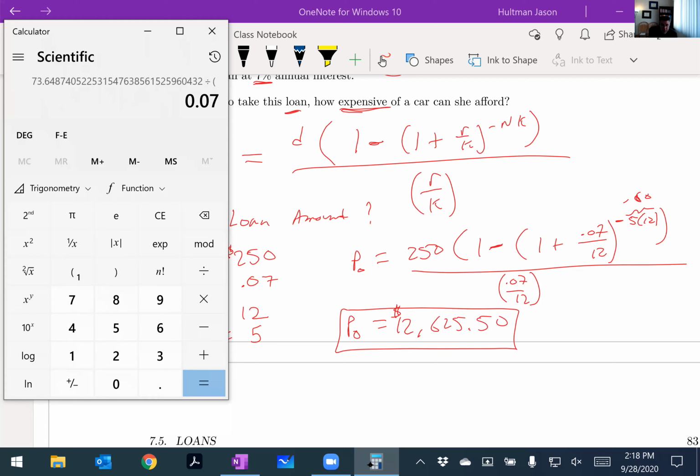Divide by open parenthesis 0.07 divided by 12. Close parenthesis equals. Okay. Were you able to get that amount?